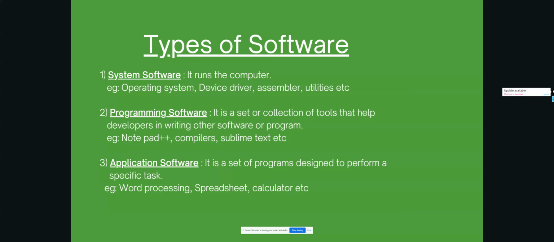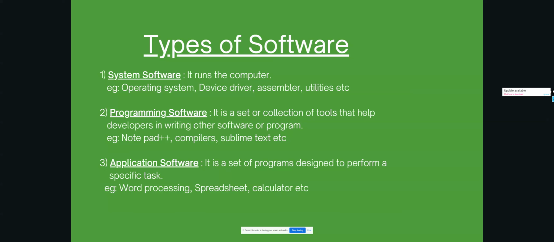Application software is a set of programs designed to perform a specific task. It does not control the working of a computer, as it is designed for the end users. In a simple language, end users can use it. A computer can run without application software. Without internet, you can run the applications.